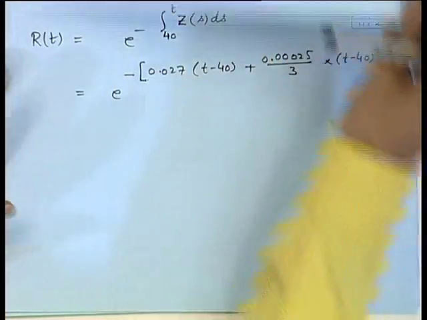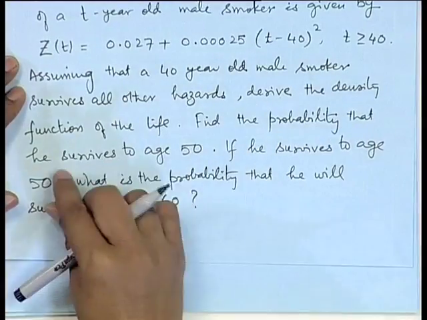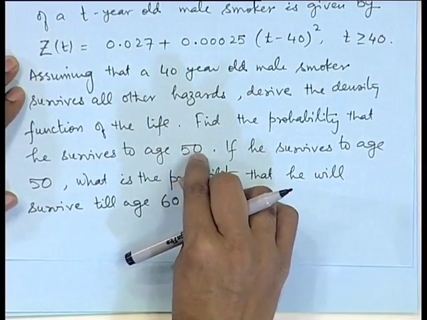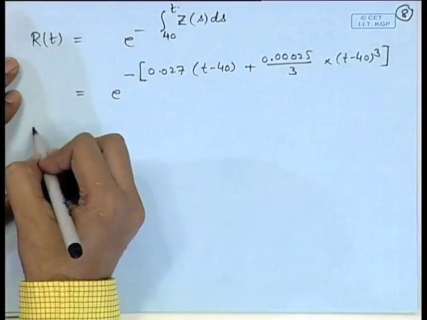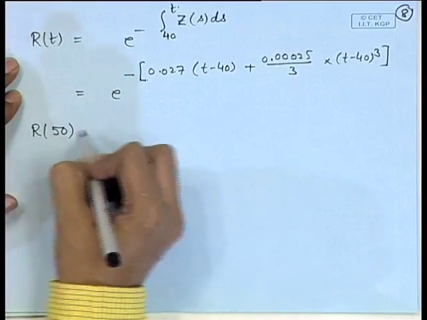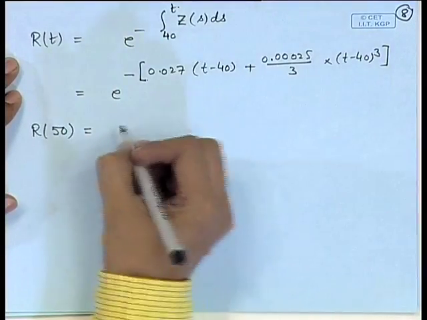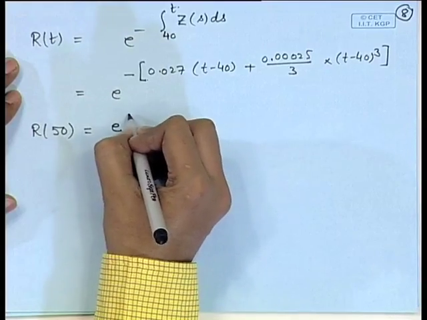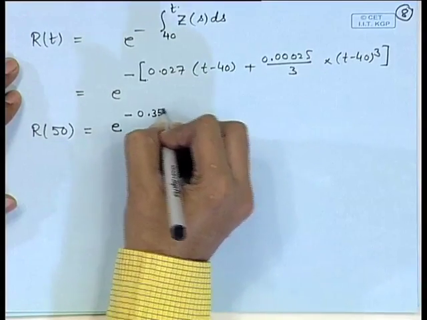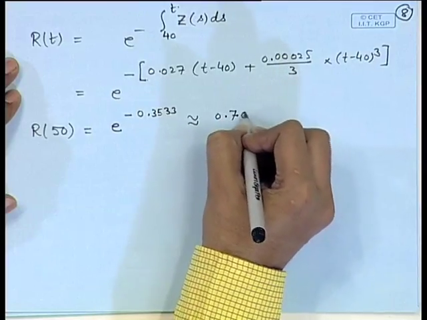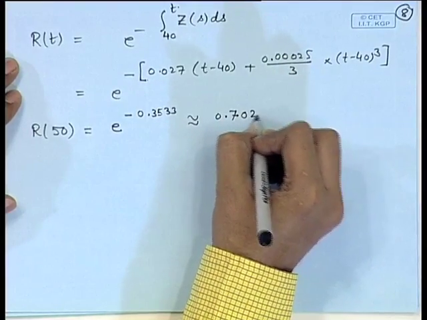So, one question was asked: find the probability that he survives to age 50. That means the reliability at t equal to 50. Once we have the reliability function, we can calculate R 50, which is obtained by substituting t equal to 50 here. After evaluation it turns out to be e to the power minus 0.3533, which is approximately 0.702343.